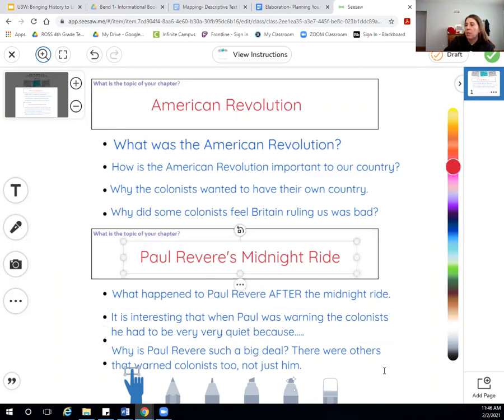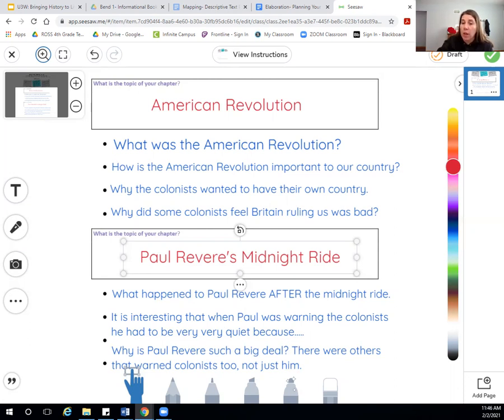I mean, other people did the same exact thing. There were other people that went around and warned the colonists, not just Paul Revere. So why is it that we're only talking about Paul Revere? Why is he the only person that's really mentioned in the history books? That's kind of confusing to me. So I might want to address that in my chapter all about Paul Revere's ride.